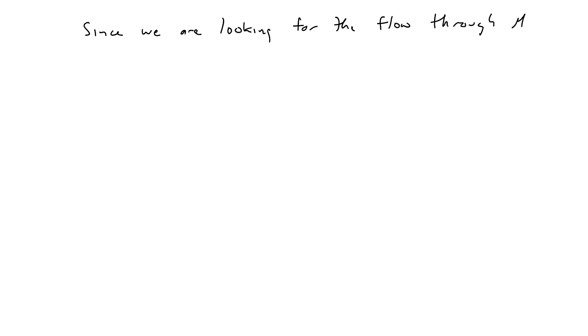Since we're looking for the flow through M, I'll just choose randomly that we'll use n instead of negative n. And parallel to n, we do the usual physics thing, which is we only care about the part of v that is going in the same direction as n.